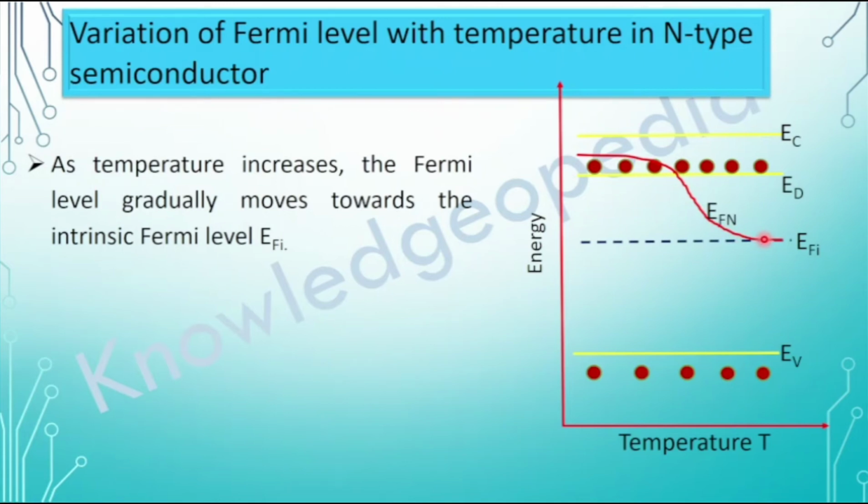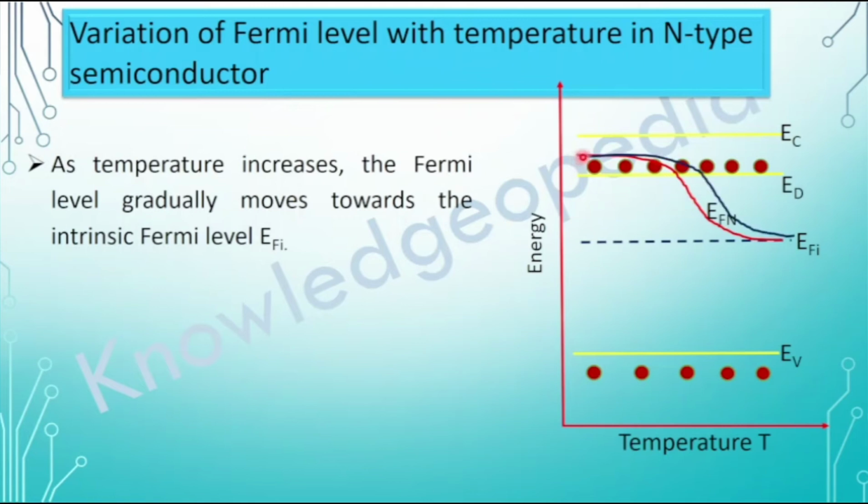Now suppose we change the concentration of the dopant atoms. What will happen to this position? If I am increasing the dopant concentration, it will take more time to behave like an intrinsic semiconductor.